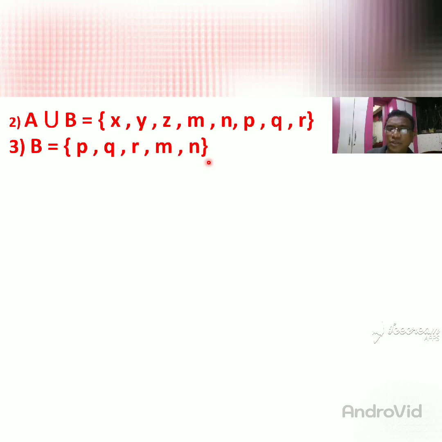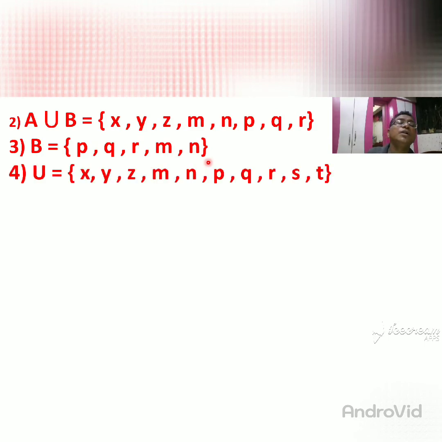Okay. Then another question they asked: write the universal set. When you want to write the universal set, you can write the union set. This is the union set, meaning A and B, all elements are in the union set. So that is X, Y, Z, M, N, P, Q, R. This is A union B. So what is not in A union B is in the universal set.